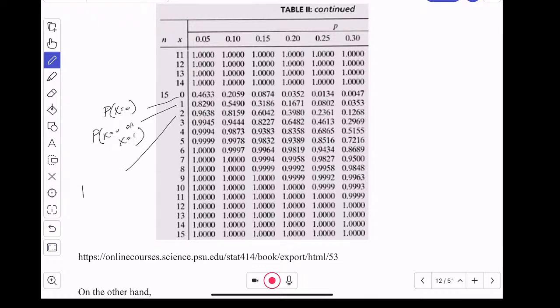And this one is P(x equals 0 or x equals 1 or x equals 2). So it's cumulative. So in the end, you always get 1. Now n is 15 here, but it becomes 1 pretty soon because these are going to be very small values.